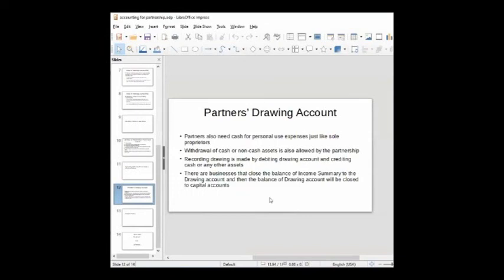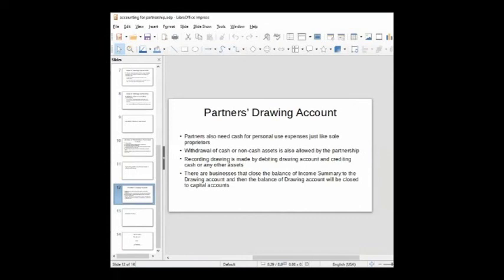If some partners borrowed or got money, we are talking here about cash, then that is allowed. And same thing, we debit the partner's drawing account and we credit cash for the transaction.